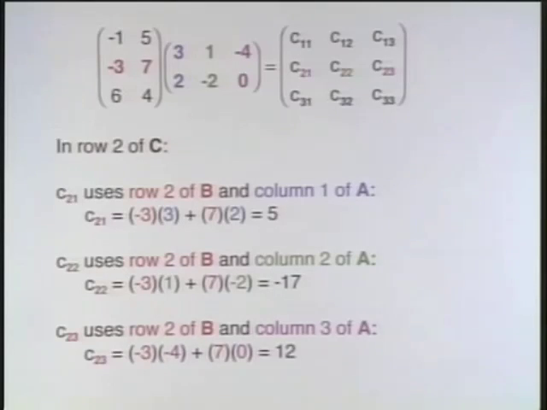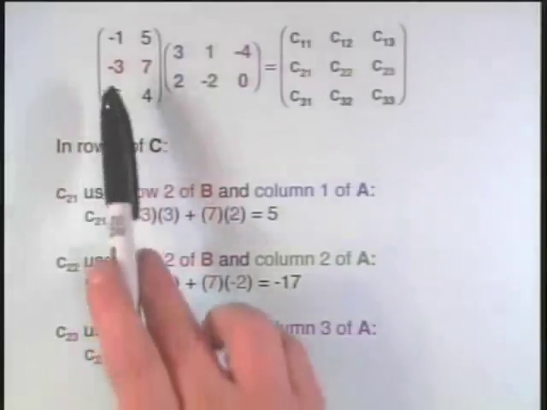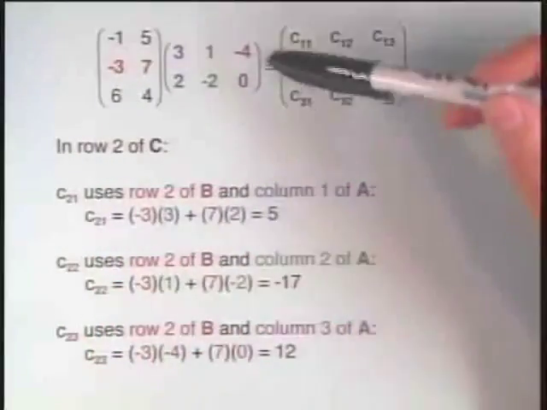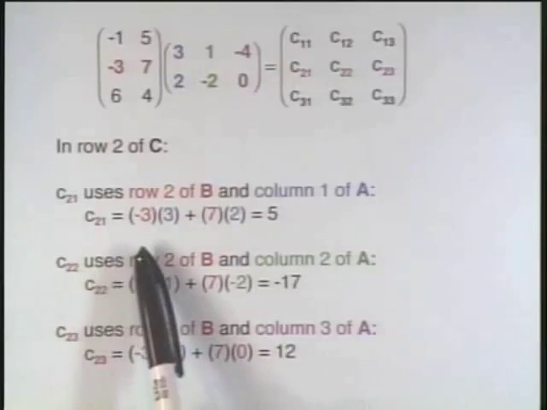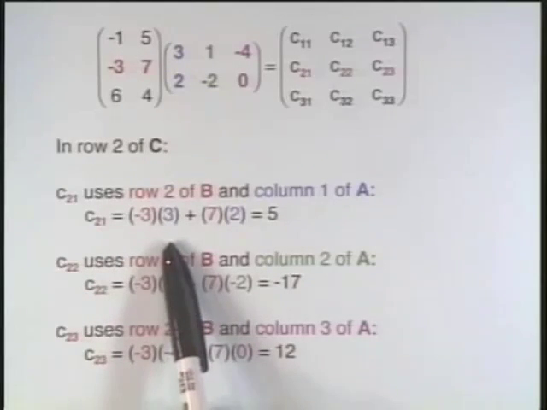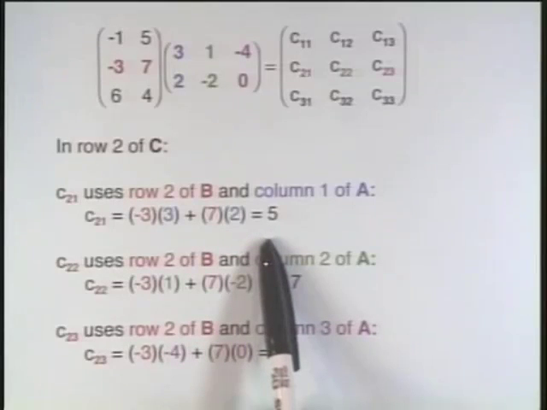Moving on to row 2 of C, C21 uses row 2 of B and column 1 of A. C21 is negative 3 times 3 plus 7 times 2 gives us a value of 5.